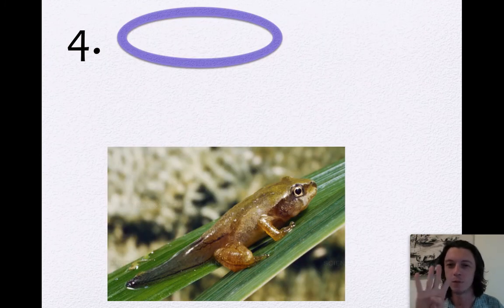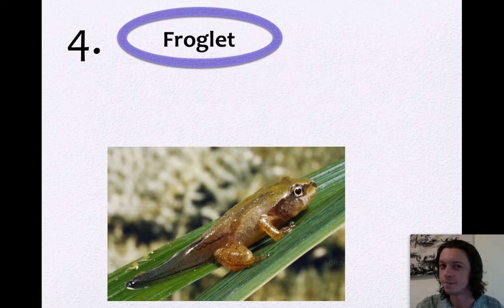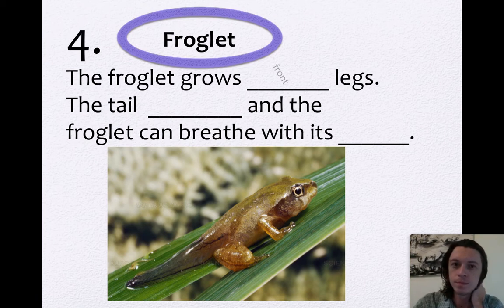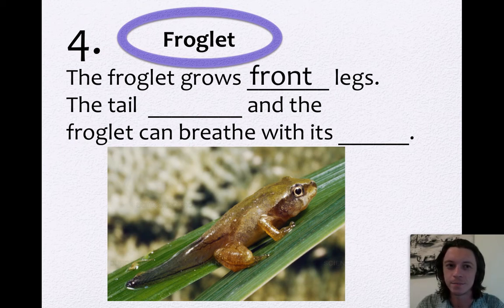Again, number 4 is froglet. All together, the froglet grows legs. Front or back? Front legs, good. The tail gets big or shrinks?